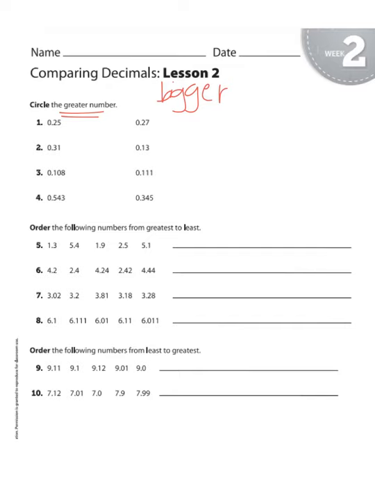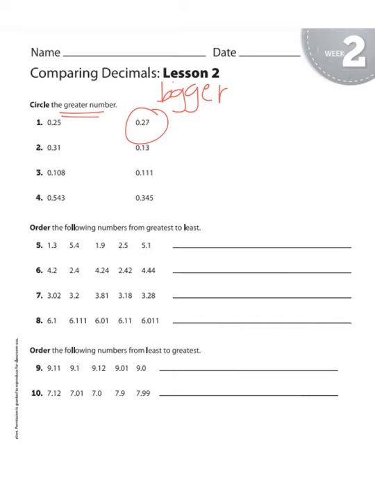So for example, number 1, 0.25, so 25 hundredths or 27 hundredths. Well, think, which number is bigger, 25 or 27? And I know that 27 is bigger than 25. So that's what you're doing there. You're circling the bigger number.